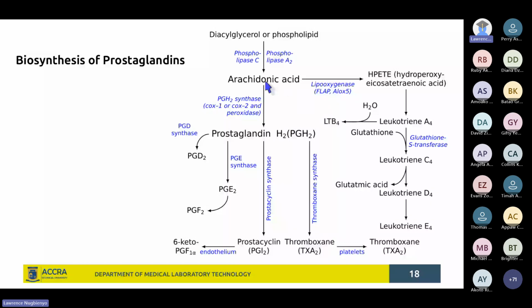And from this arachidonic acid, you have these cyclooxygenases. What you see here is COX-1, COX-2. I think some of you who are working in pharmacies or pharmaceutical companies may have come across drugs named COX-1, COX-2, things like that.